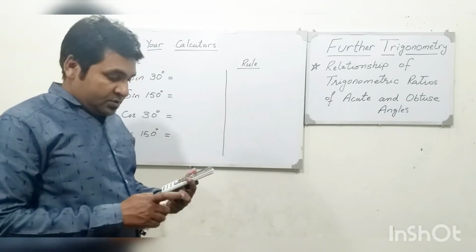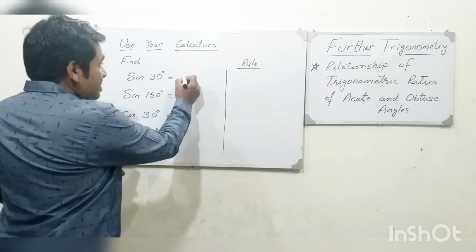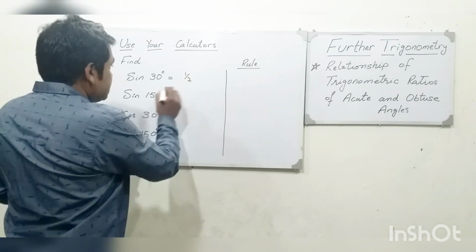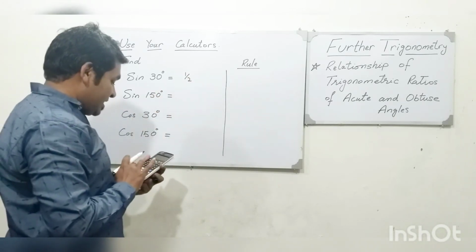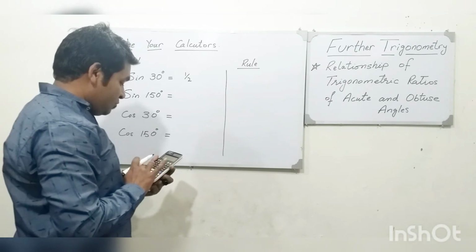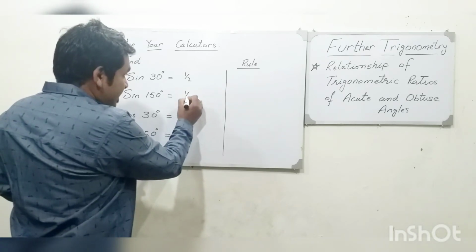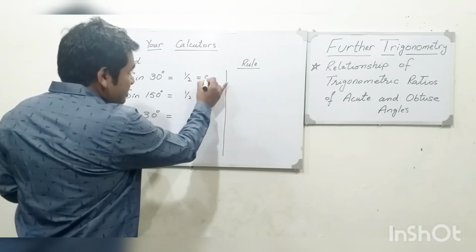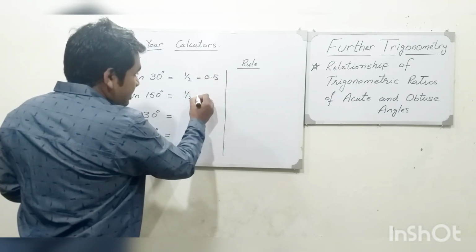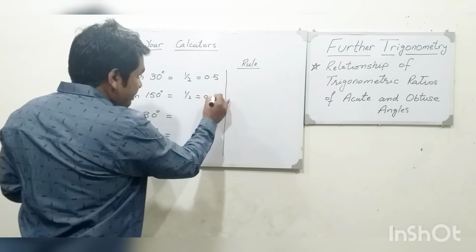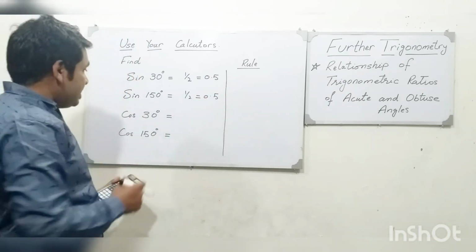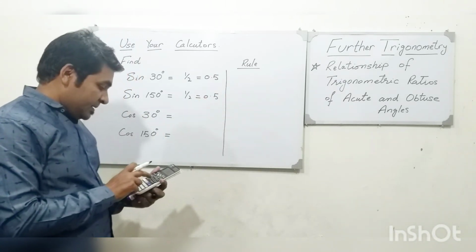Yes, I hope you are getting 1/2 for sine 30, and if you get the value of sine 150, it is again 1/2, or you can write 0.5. Now find the value of cos 30.